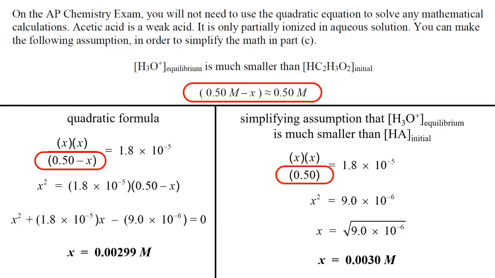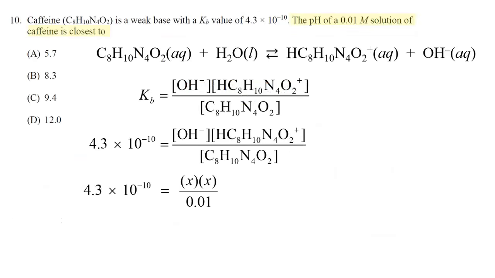So whether it's a weak acid or a weak base, that minus X that represents the dissociation or the ionization of that particular weak acid or that weak base, that minus X is small enough that it can be ignored. And that simplifying assumption allows you to complete the problem without using the quadratic formula or the quadratic equation. Now, back to this particular question.